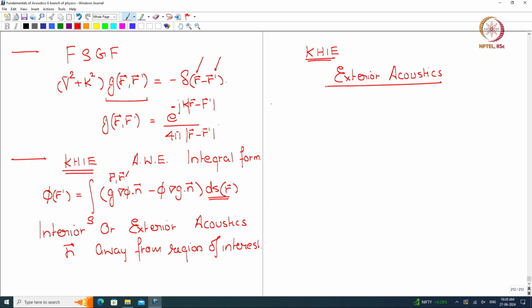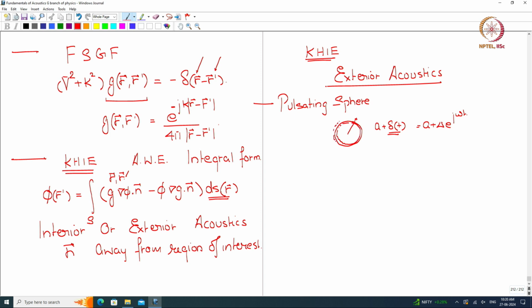And we saw a pulsating sphere. There is a sphere whose radius oscillates harmonically, A plus delta e to the power j omega t, that is how the radius goes, uniformly in and out.